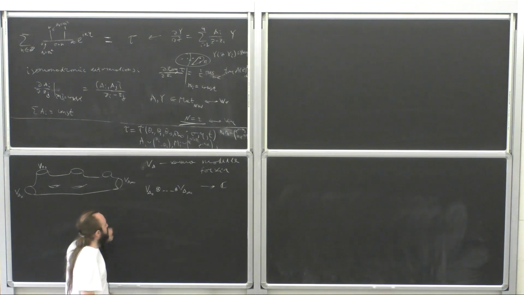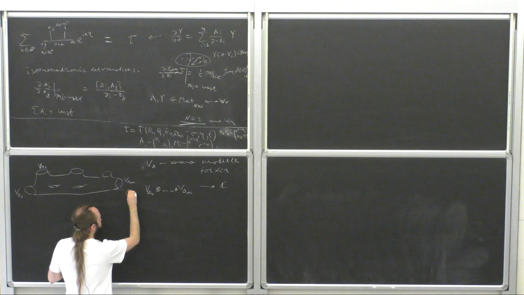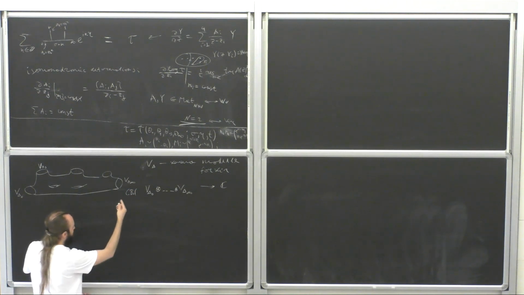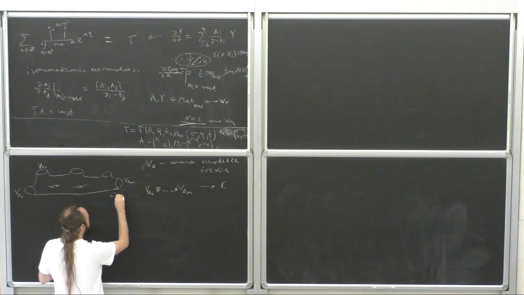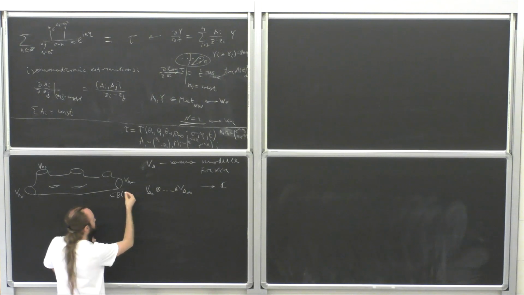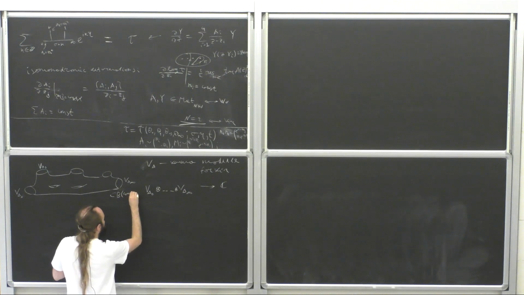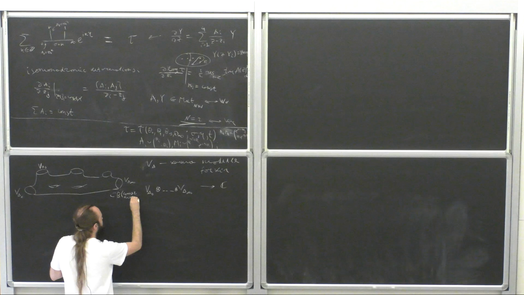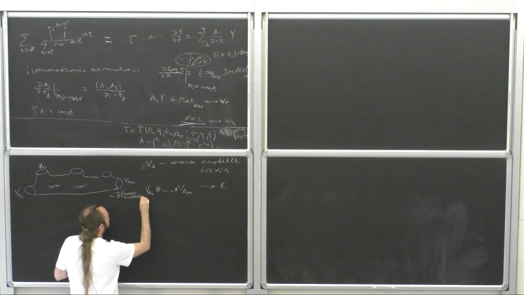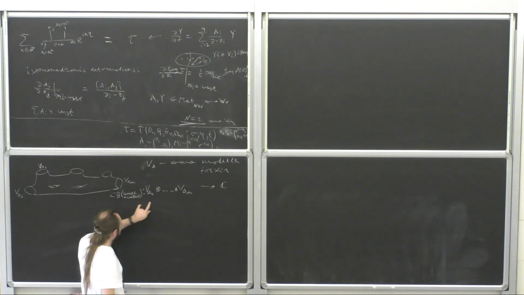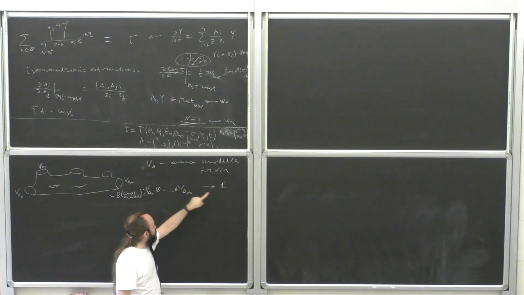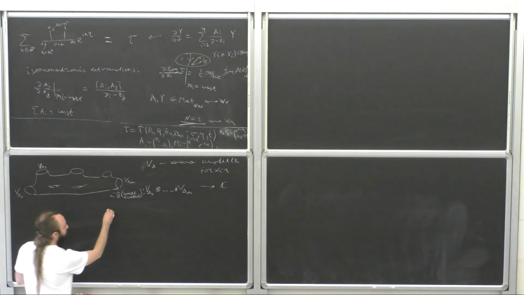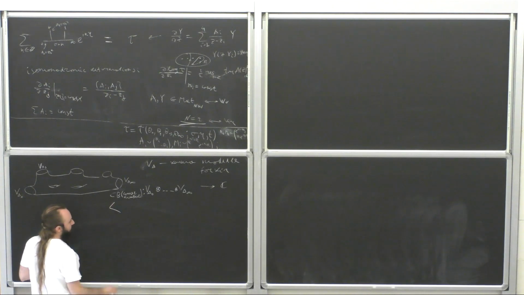So conformal blocks, which depend on complex moduli, is such a functional which maps from the Verma modules to numbers. We can denote it by these brackets.